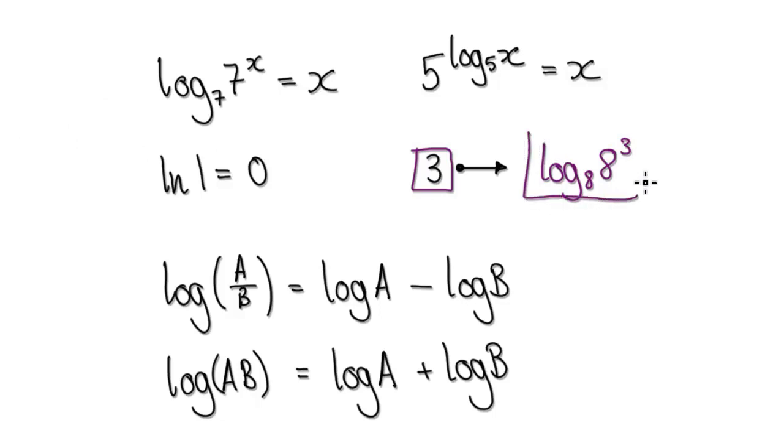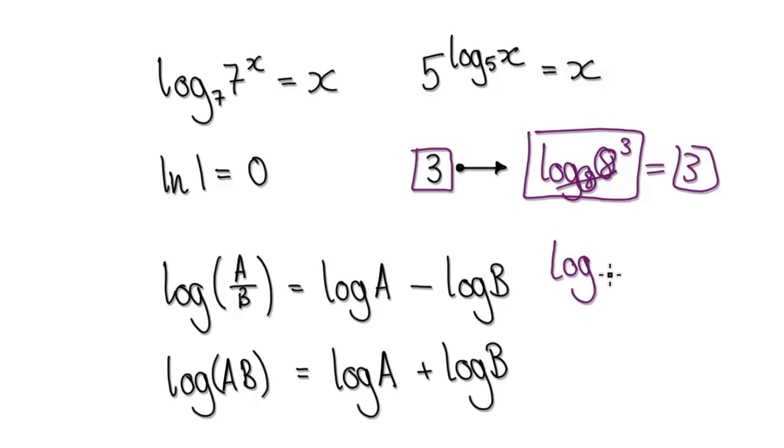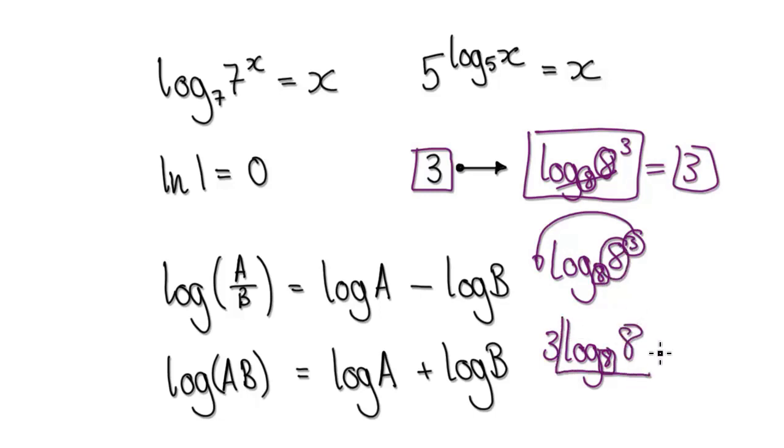This thing here is the same as the number 3, because in a way these two cancel each other out. Another way of thinking about this is whenever you have log base 8 to the power of 3, the index is able to come down, so that would be 3 natural log 8. So that's this base 8 here, this base 8 here, and then you've got your 8 here. So this is really the number 1, and 1 times 3 is indeed 3.